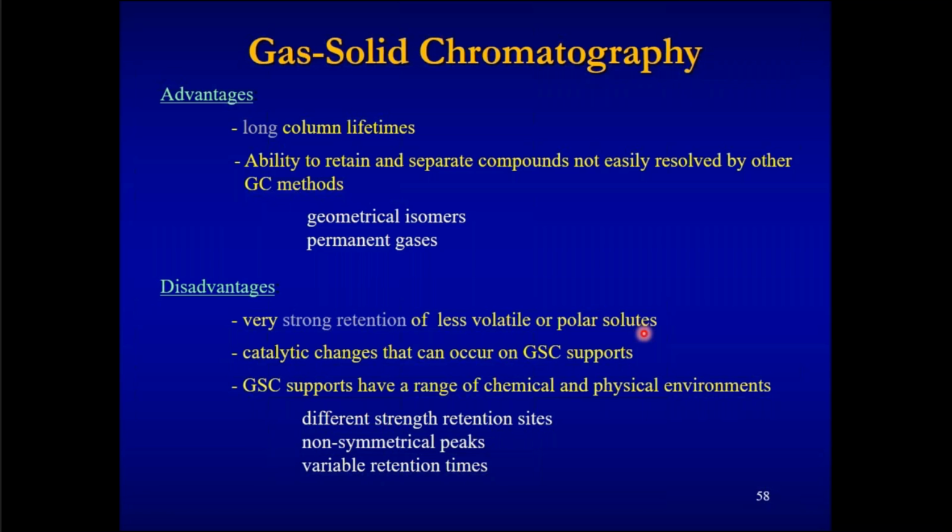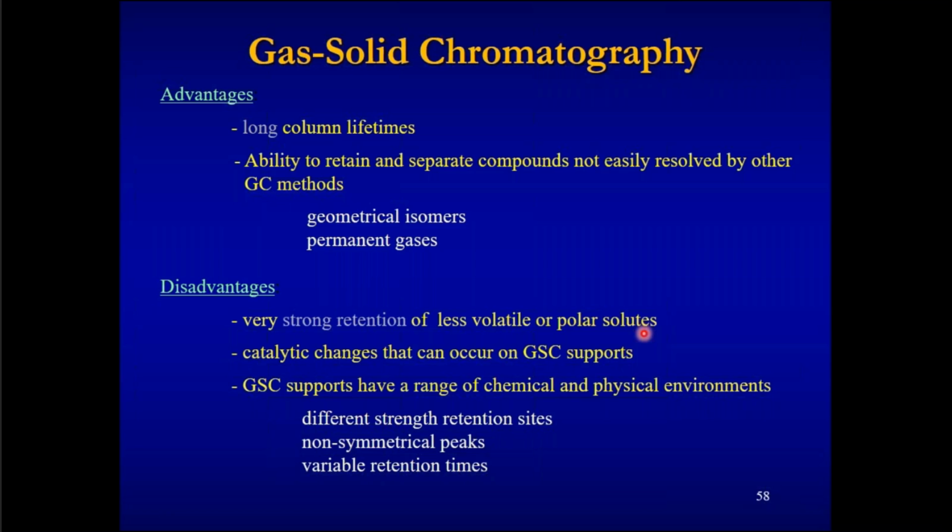GSC supports have a range of chemical and physical environments. They have different retention strength types. They give non-symmetrical peaks, and they also exhibit variable retention times. Now, what does this mean? On an adsorbent, a sample could be adsorbed at various retention sites, that is, where the sample gets attached.